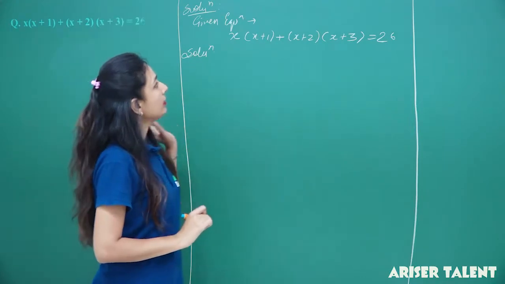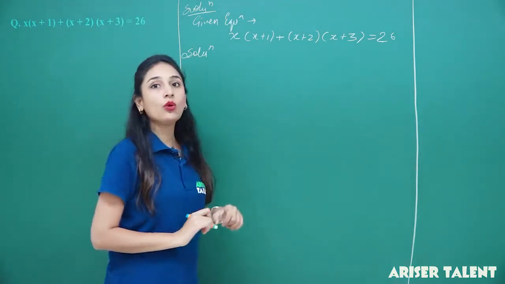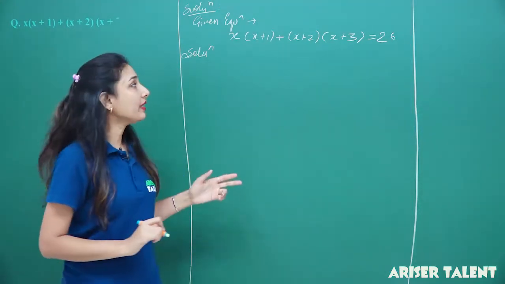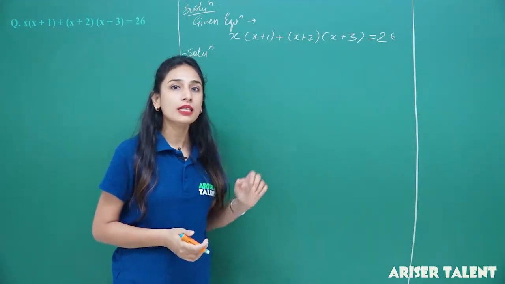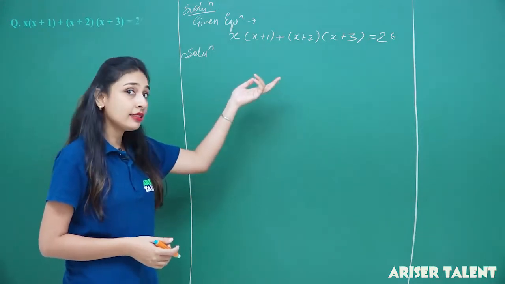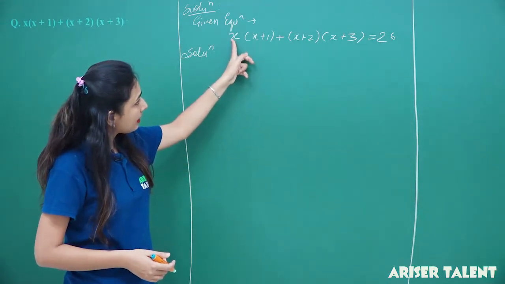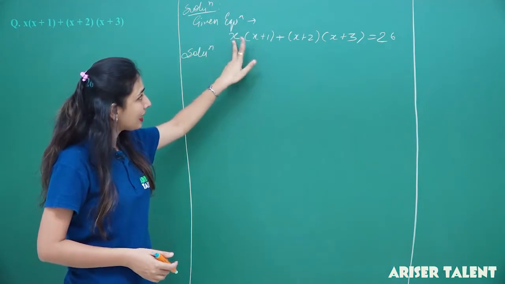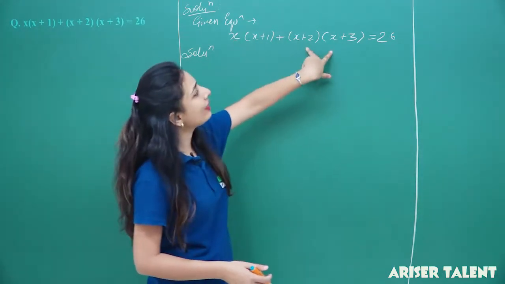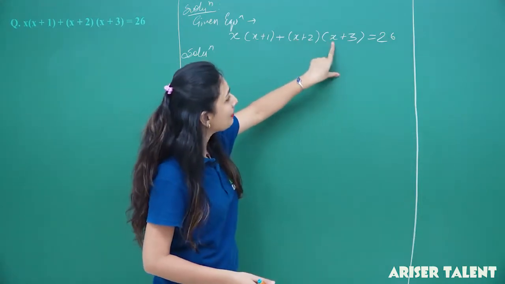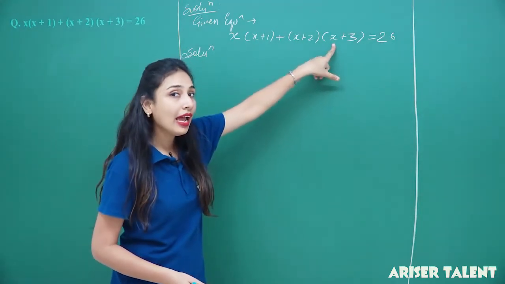We are not able to see any square here, so how will it become a quadratic equation if it's not having square terms? It's simple, just solve and let's see. Here it's x, here it's x, so multiplication of x and x gives you x square. Here also this x will multiply with this x and we'll have x square.